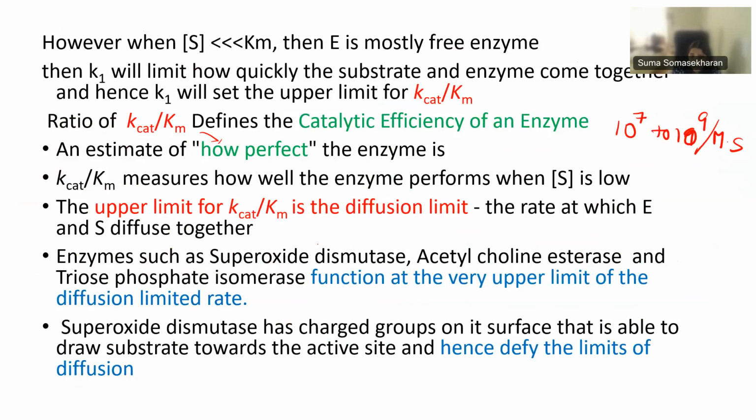For example, superoxide dismutase gets rid of the superoxide ions, which are free radicals. Triose phosphate isomerase is a key enzyme in glycolysis and has to respond rapidly to the needs of ATP in the cell. So all of these enzymes function at that very upper limit of the diffusion limited rate.